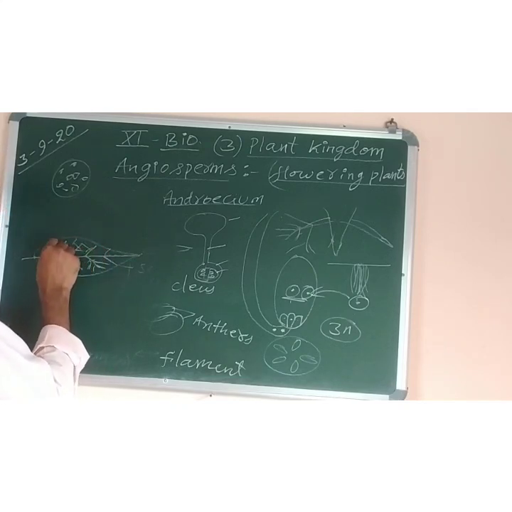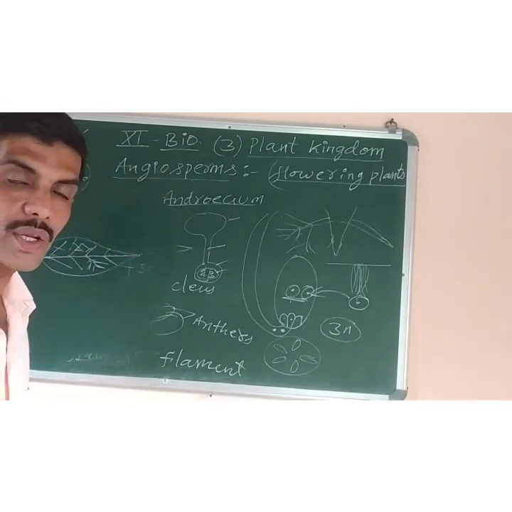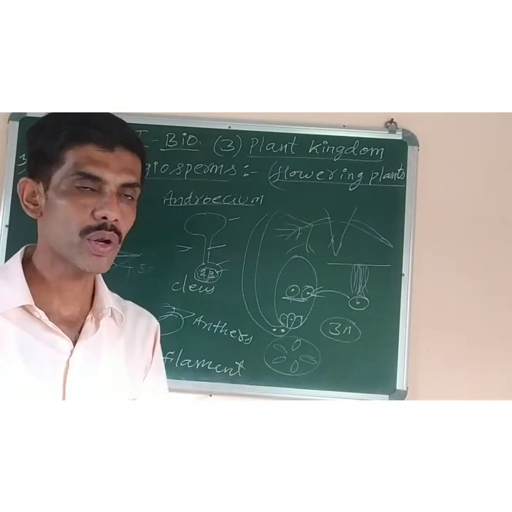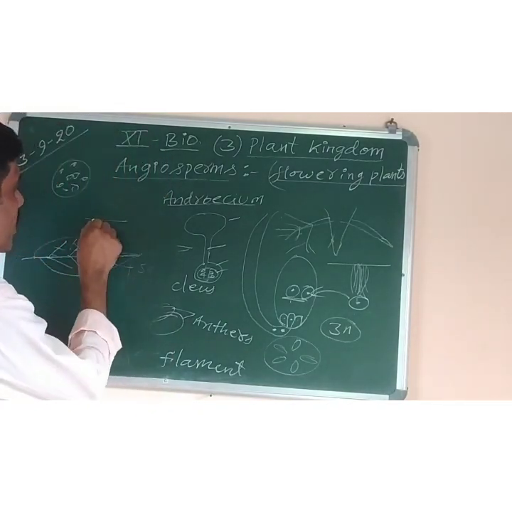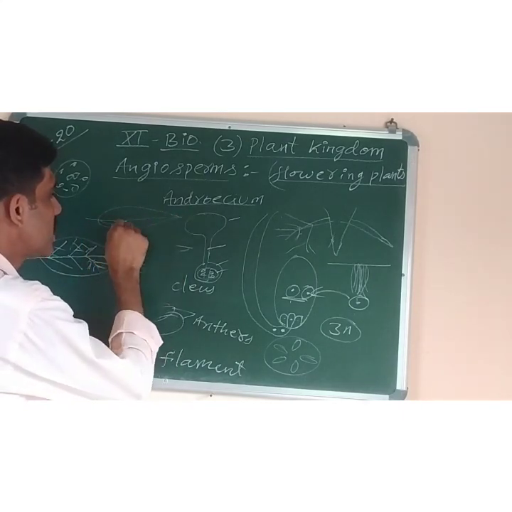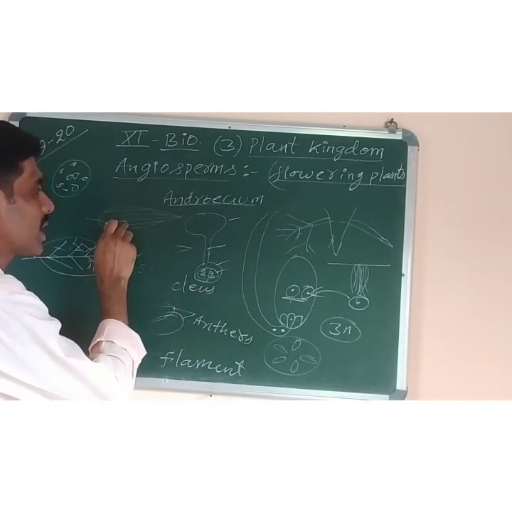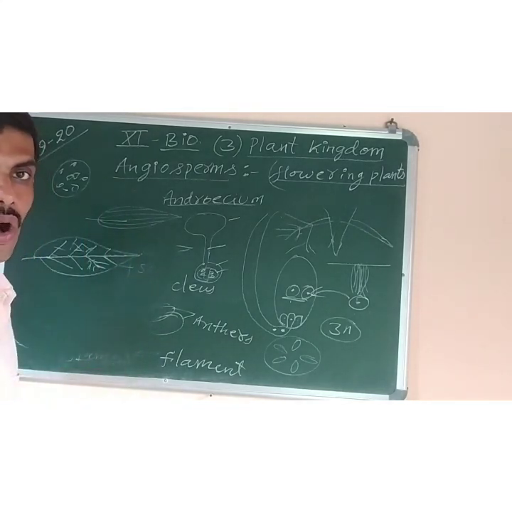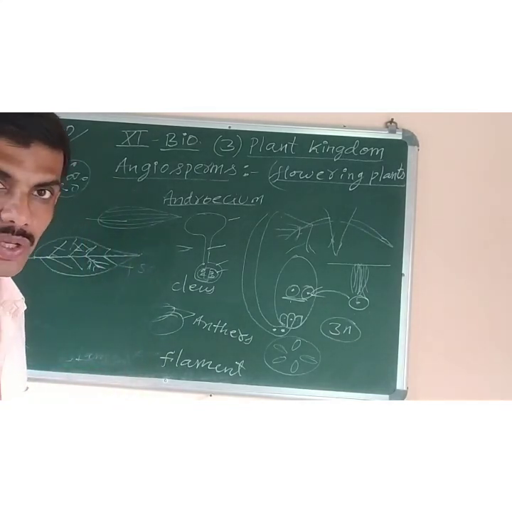So this reticulate venation is found in dicot. In monocot, all the leaves have parallel venation. The veins run parallel to each other, just like in grasses, or in banana, where parallel venation is also there.